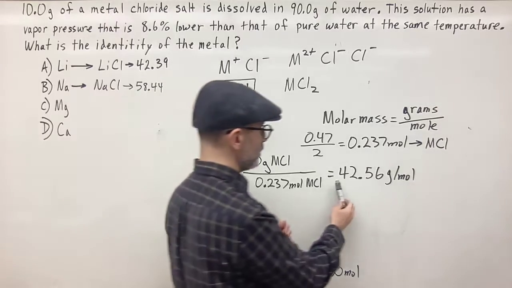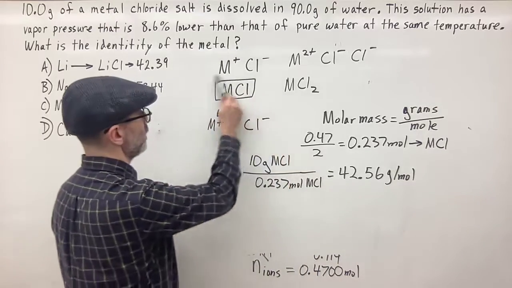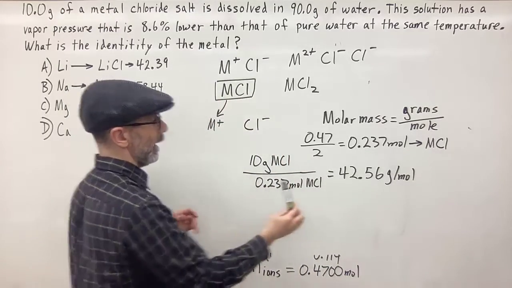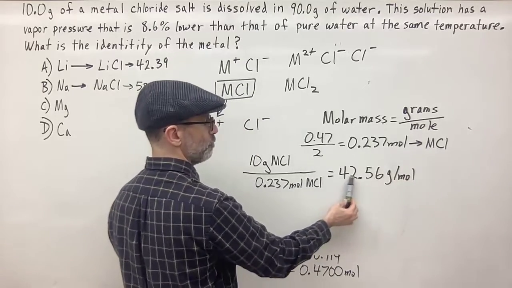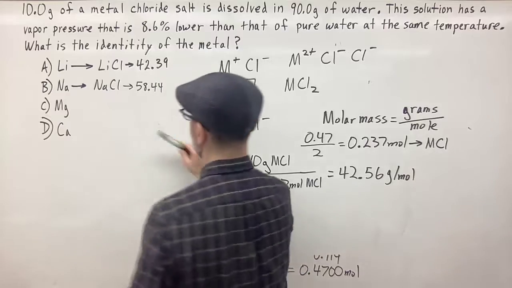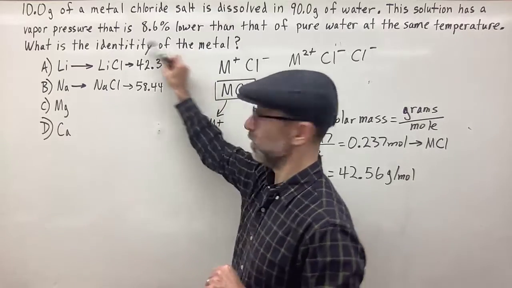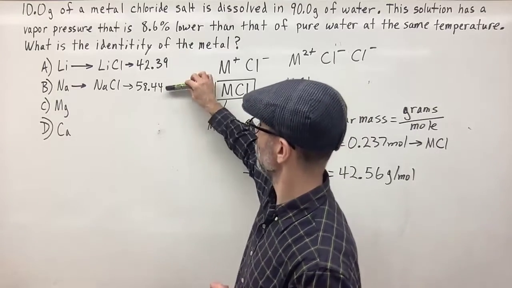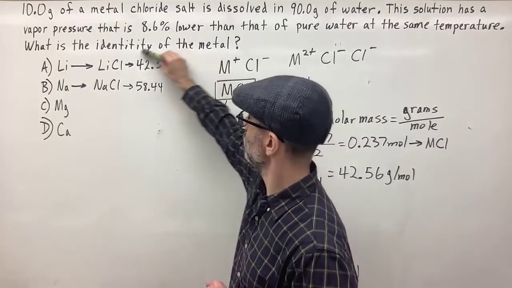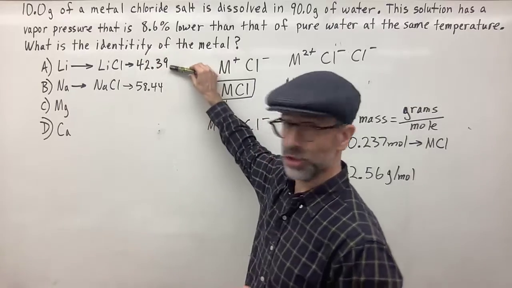So far, assuming that this is the formula and we calculated the molar mass being 42.56 grams per mole, this looks the closest so far. So if we had to choose between these two, then this would definitely be our choice.